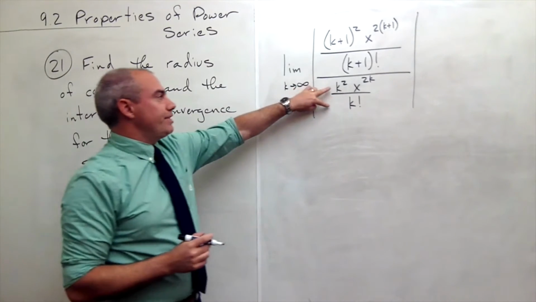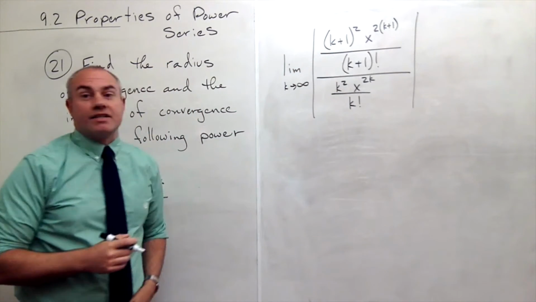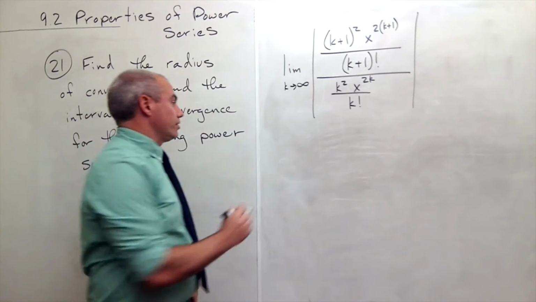Now let's flip this fraction and multiply and see what we can cancel out. So let's rewrite.